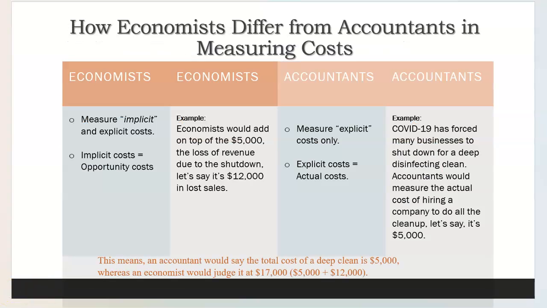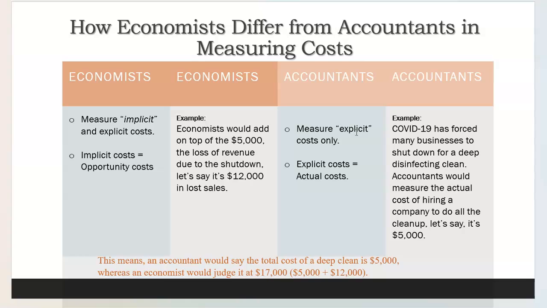Now, what's the difference between how economists measure costs and how accountants measure costs? So these two left columns are about economists and the two right ones are about accountants. Here's the thing about accountants. We've all taken accounting, right? Accountants measure all the explicit costs. Now think of what the word explicit means. It's something that's obvious. So what are the obvious costs?